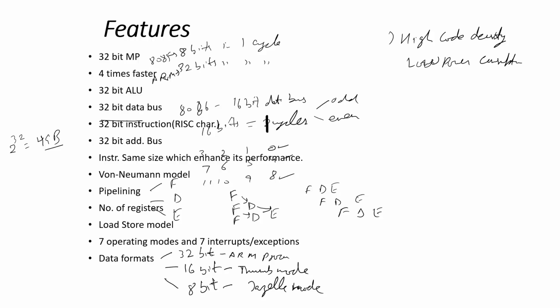Next feature is that the applications or the devices which are based on the ARM processor are of smaller size. So these are some important features of ARM processor.